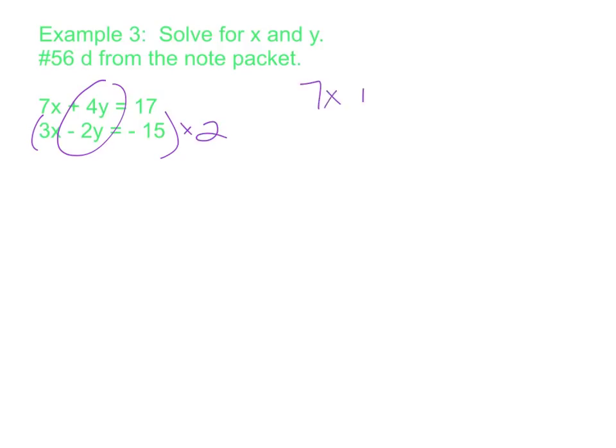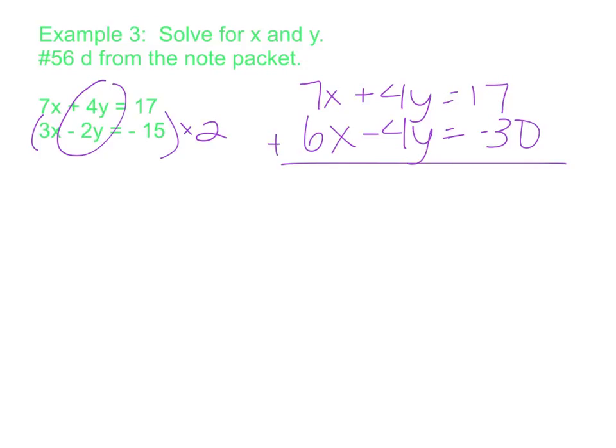The top equation is going to stay the same, but the bottom equation we're going to multiply the whole thing by 2. That way our negative 2y becomes a negative 4y, and when we go to solve, the y's will cancel out. So we'll have 13x is equal to negative 13.